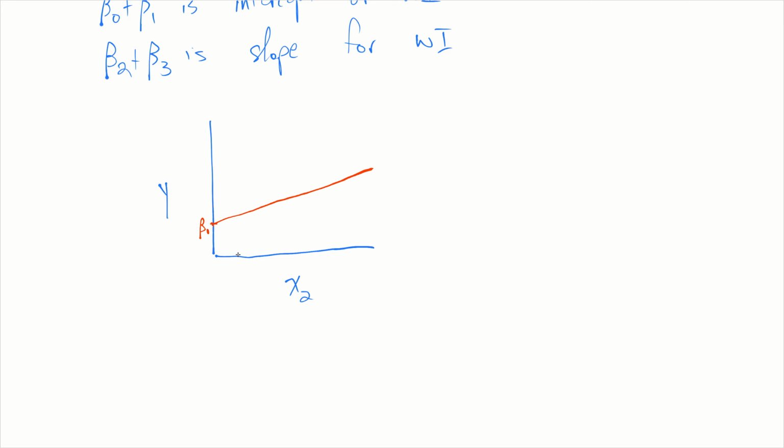This is at 0 here. We'll say this is 1, 2, 3, 4 units of nitrogen. So the increase in yield for a 1 unit increase in x is beta 2. That's our slope for Illinois. Okay? Now let's say that for Wisconsin, our regression line looks something like this.